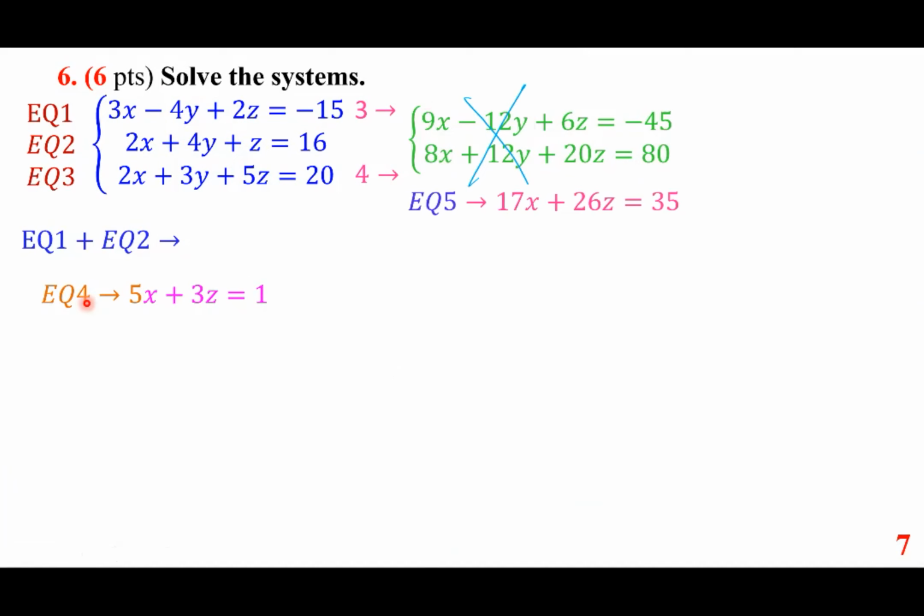And now the equation 4, which we created, and this one, they both have one variable missing, which is y, and they both are dealing with x and z.